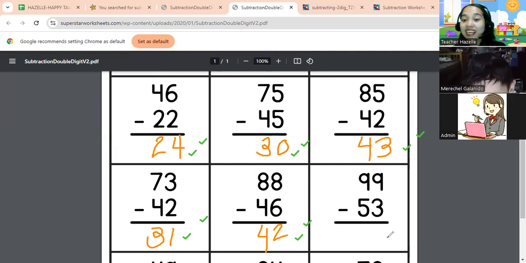You can do it. So you have 9 and then you're going to take away 3.